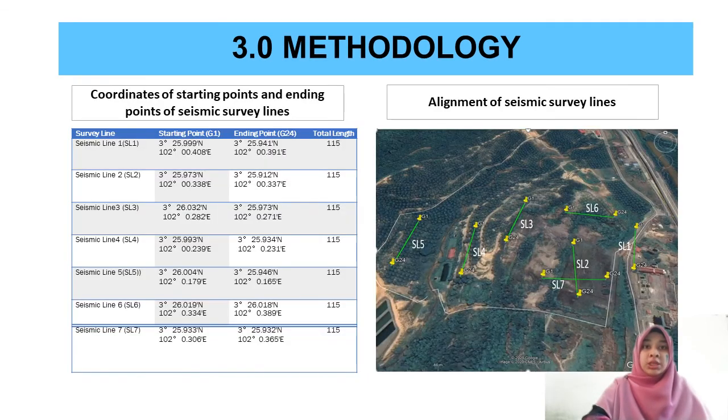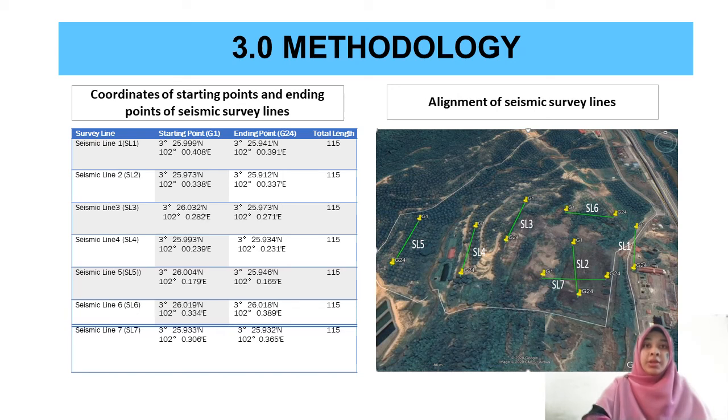The exact location, namely longitude and latitude of this traverse survey point, were determined in the field with help of GPS Garmin model. The horizontal accuracy of GPS is nearly 3 until 4 meter when the strong satellite signal was detected. The coordinate of the survey line area is as in this figure.